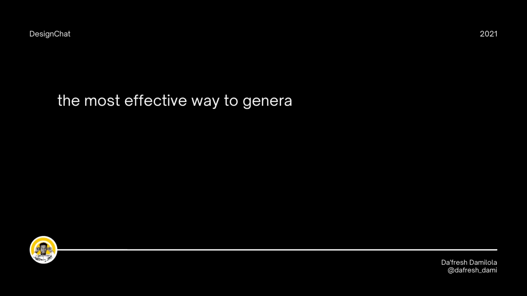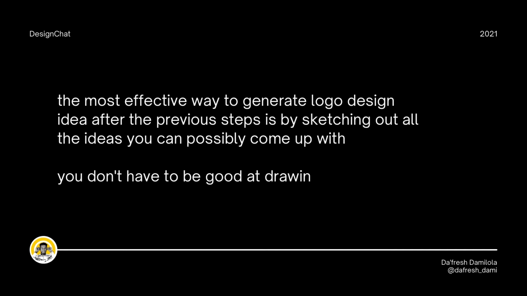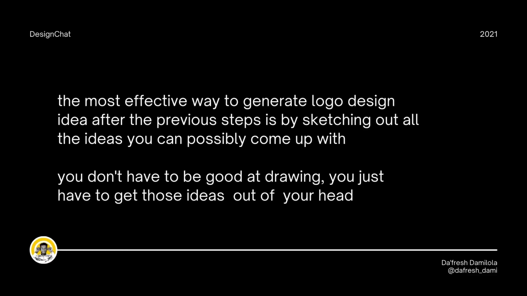And the most effective way to generate logo design ideas after the previous steps is by sketching. Sketching out all the ideas you can possibly come up with. Sketch it out, including the good, the bad, the worst.